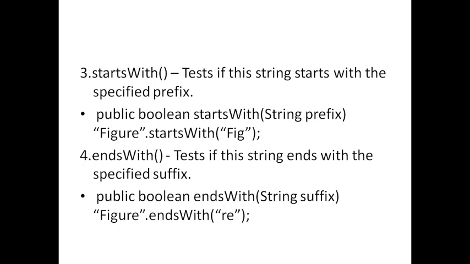Another example is figure.startsWith("re"), that means it will return false because figure starts with the value fig. Same like that, figure.endsWith("re") will also return true, or if we want to get the false value, figure.endsWith with the argument fig. Figure does not end with the value fig, so it will return false.